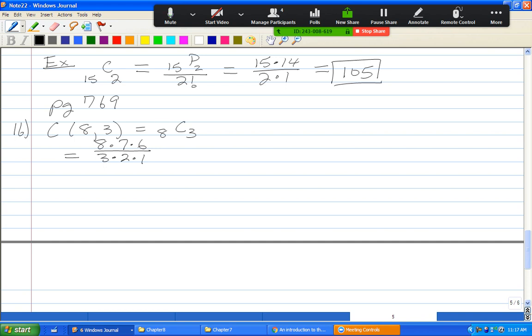You start out with 8, and then you write the three numbers, the three previous numbers, and multiply each of these, over 3 factorial. Well, the 6's cancel, so you just get 8 times 7. Okay, and so your answer is 56.